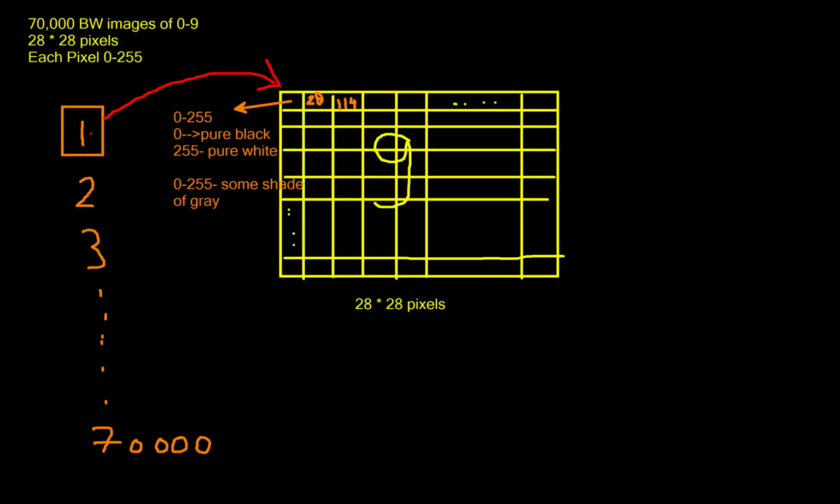Out of 70,000, if you pick any image, this is how you represent it: you divide each image into 28 by 28 pixels, and each pixel contains a value from 0 to 255 based on the grayness of that particular area. That's how they divided all 70,000 images.